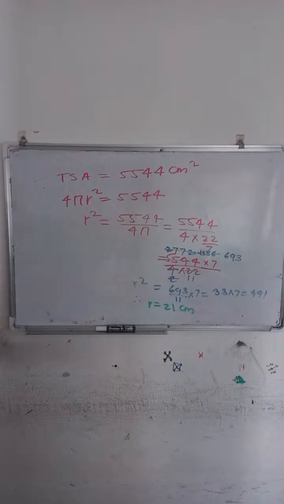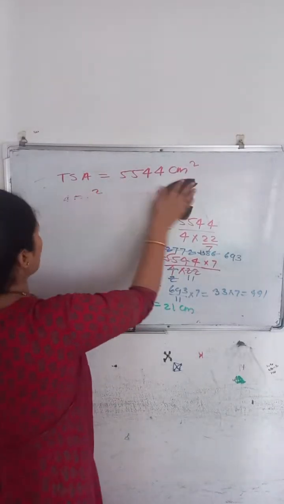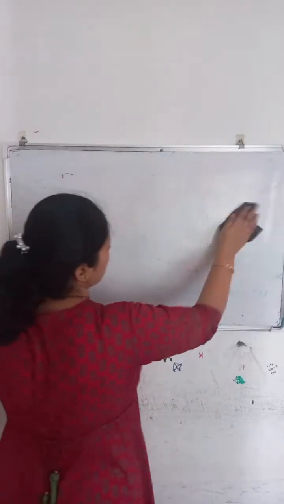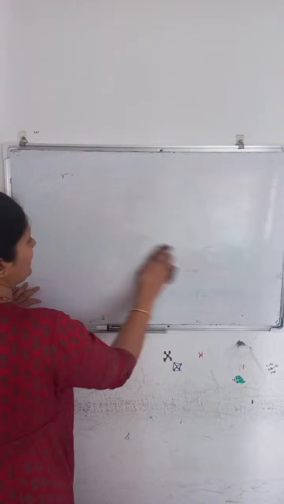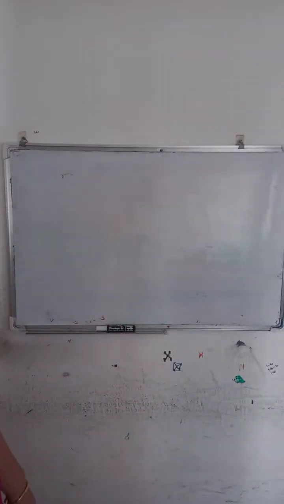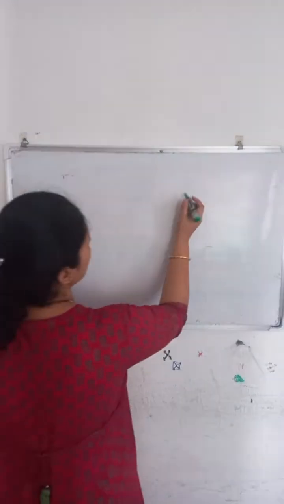So they are talking about the cone. The vessel is in the shape of a cone. So draw the figure first. They are not asking for the diagram, but for our understanding we have to keep the habit of practicing drawing the diagram.